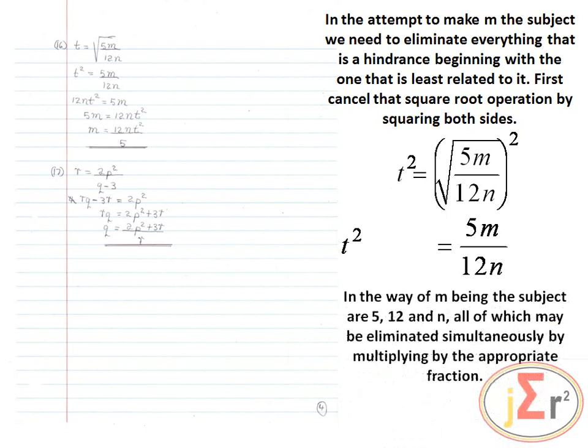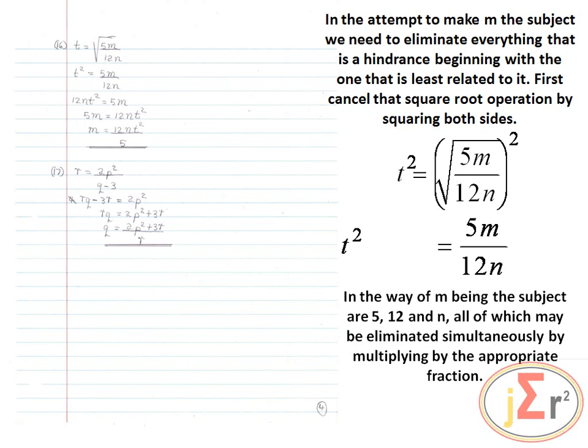And in the way of m being the subject, we have 5, 12, n, all of which may be eliminated simultaneously by multiplying by the appropriate fraction. So what fraction can you multiply that by in order to eliminate the 5, the 12, and the n?